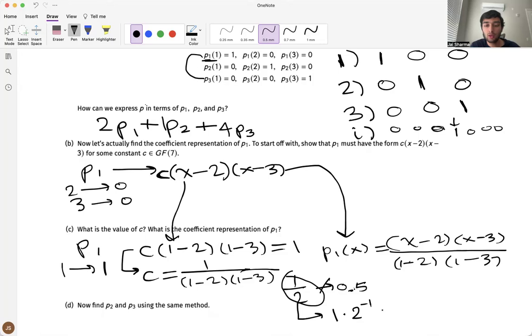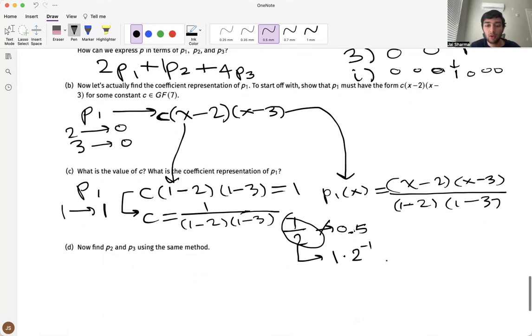For example, in mod 5, the inverse of 2 is 3, because 3 times 2 is 6, which is 1 mod 5. So this would be 1 times 3, which is 3. It's very important that you don't divide accidentally by this number; you instead find the inverse of that number.